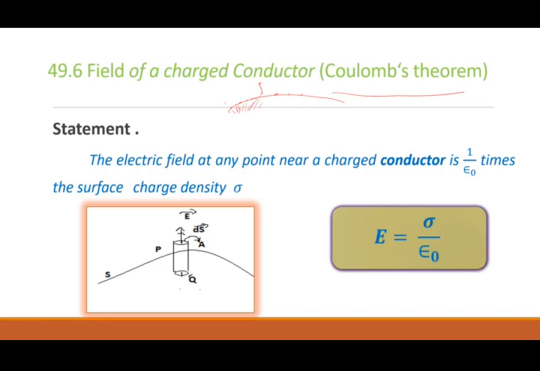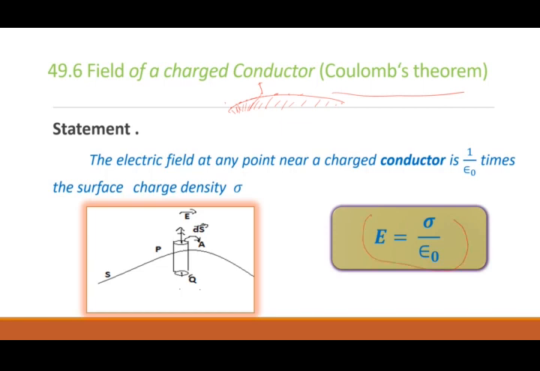Here it is the solid body of the conductor and this is the surface. Just in front of the surface, what is the electric field? It should be normal, we know, but what is the magnitude? That we will prove here, and it is called Coulomb's theorem.